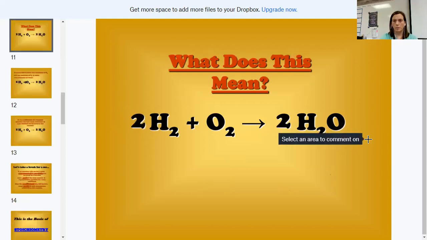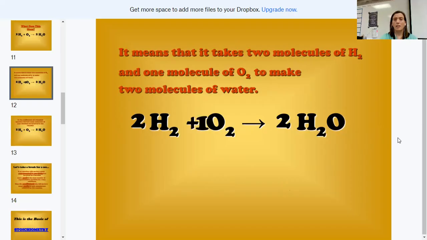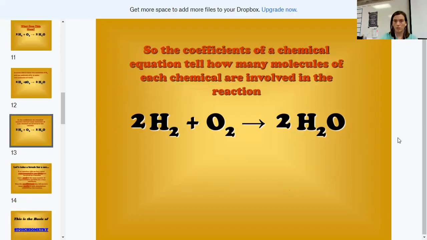So what does this mean? It means that it takes 2 molecules of hydrogen and 1 molecule of oxygen to make 2 molecules of water. So the coefficients of a chemical equation tell us how many molecules of each chemical are involved in the reaction. Remember, coefficients are these big numbers, and if there's not a big number in front, we assume that it's 1.